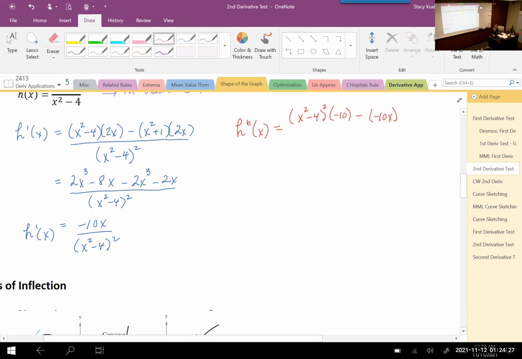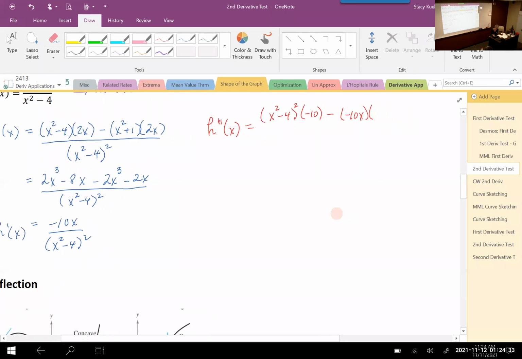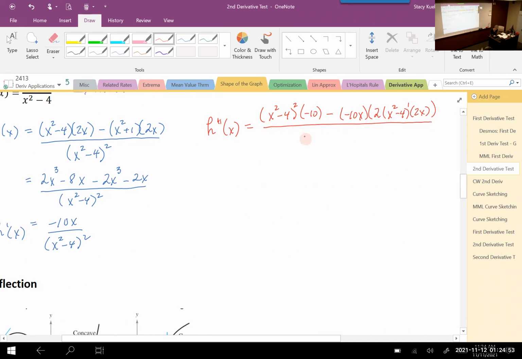Now let's keep straight here, keep me straight here. Let's take the derivative of the denominator. That's going to be 2 times x squared minus 4 to the first power times 2x. Right, using the chain rule there, all over the denominator of x squared minus 4 to the second power that I am now squaring.